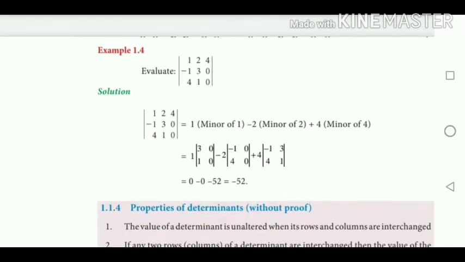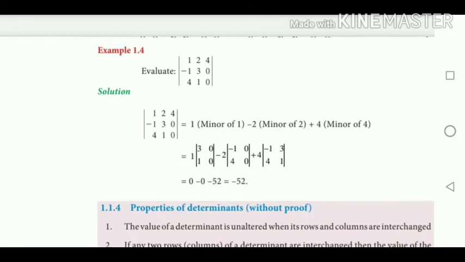In order to find the adjoint. The reason for finding the adjoint is that we find the inverse by using the adjoint. So if the inverse is asked, you have to find the minor, cofactor, adjoint. Afterwards, you apply the formula of the inverse and find its value.